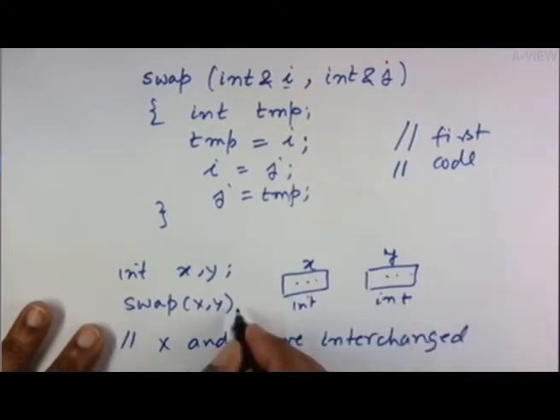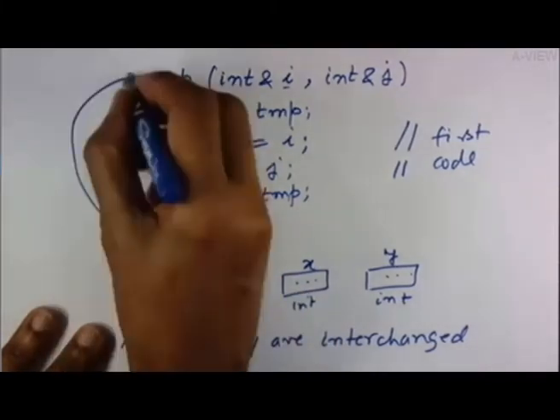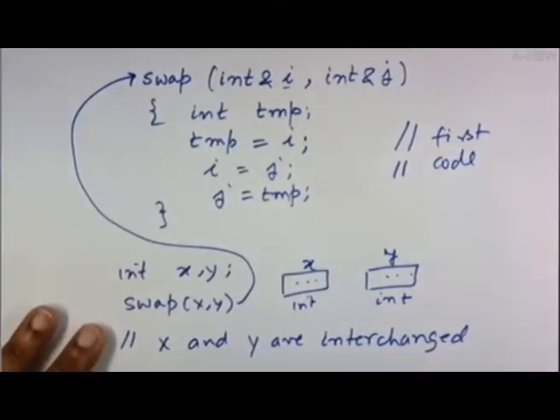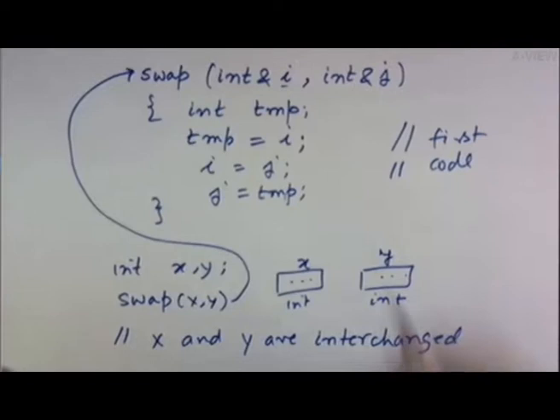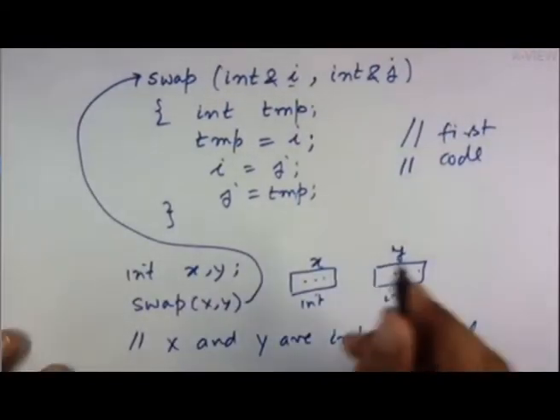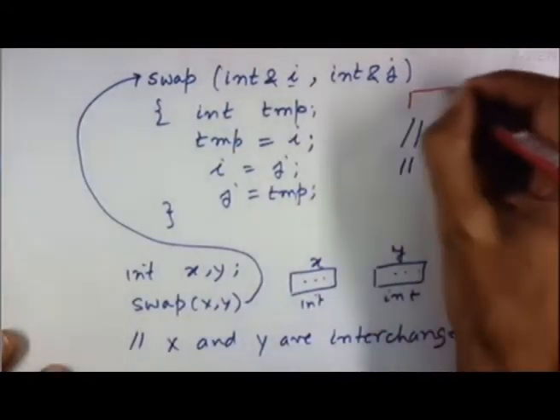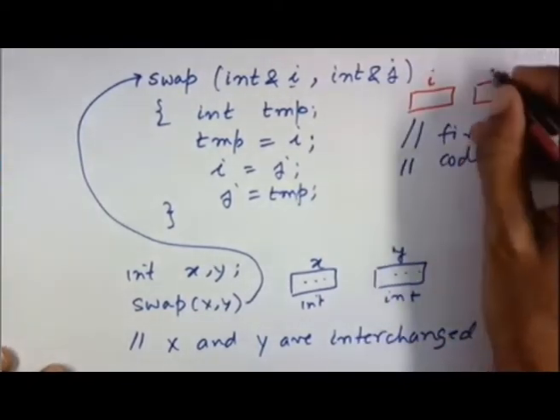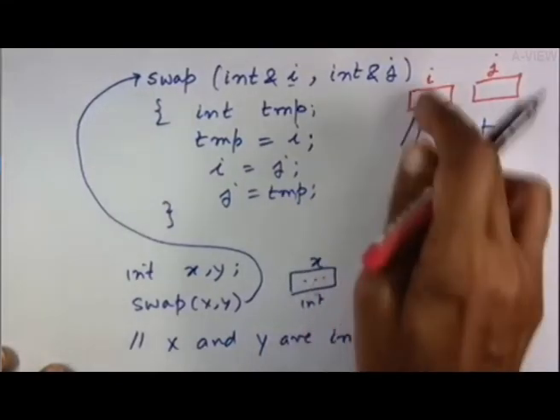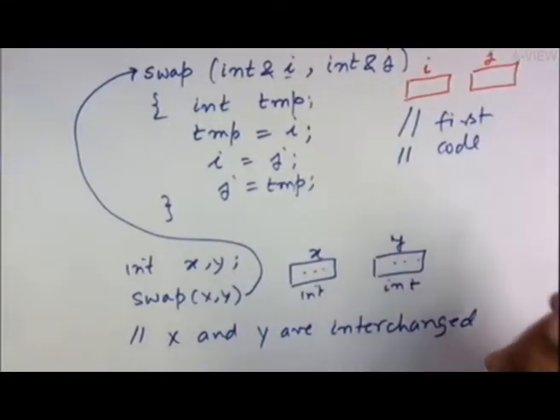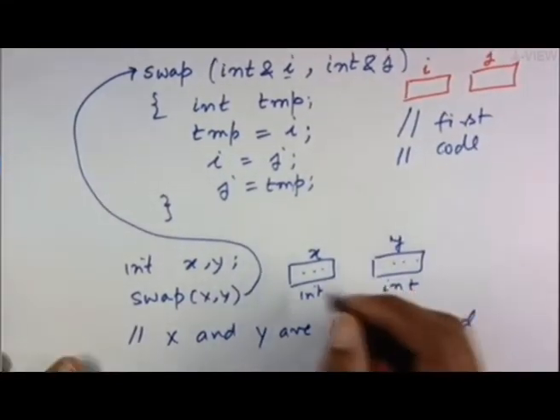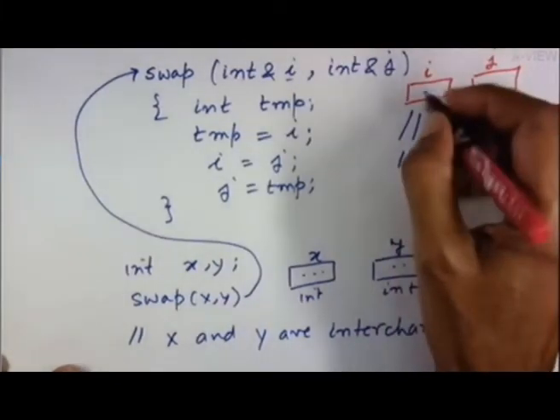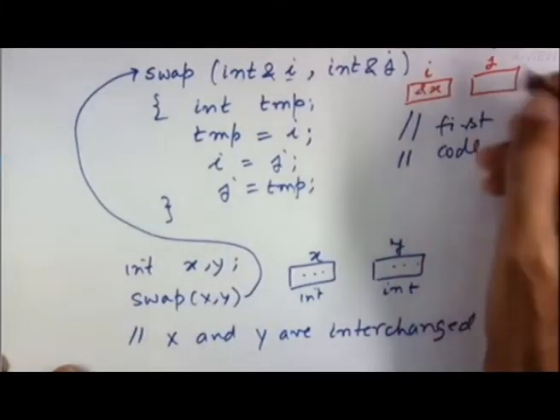When we call, at this call point, the control transfers to the called function. But what are I and j? They are aliases. So if this is the location of I, and this is the location of j for the function swap, what will get passed here? Since these are aliases, effectively it will have the pointer or the address of x, which you will not know and I will not know.